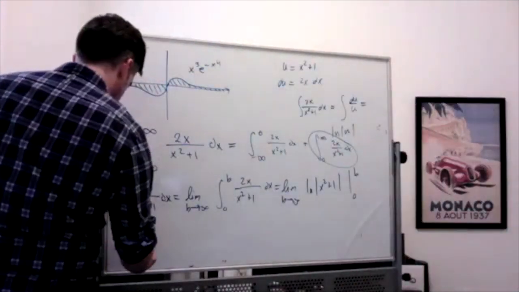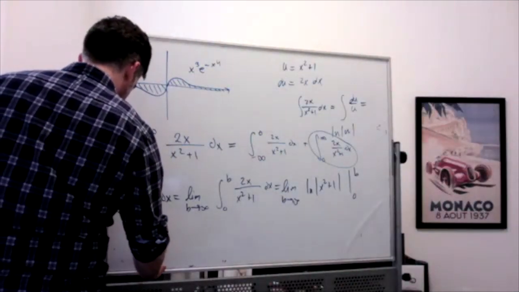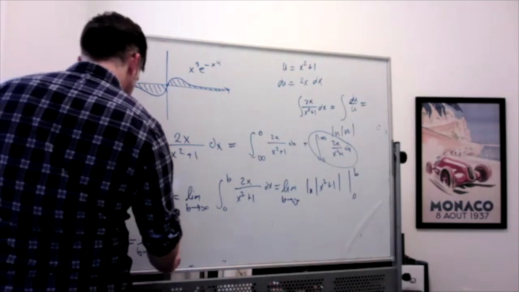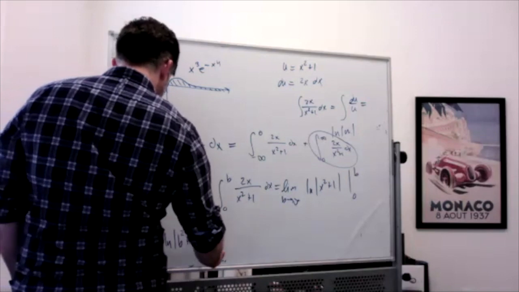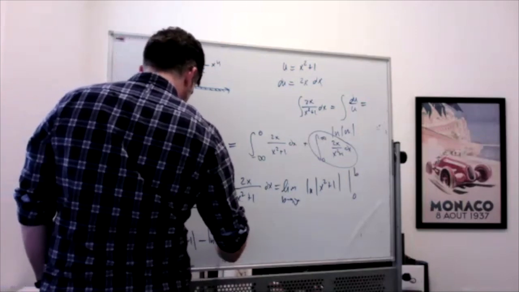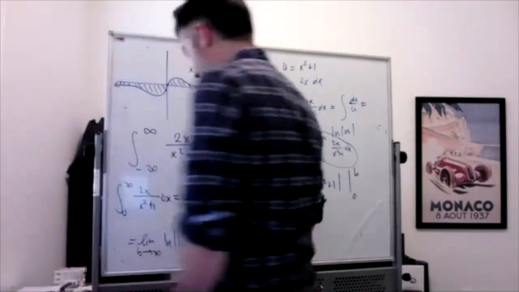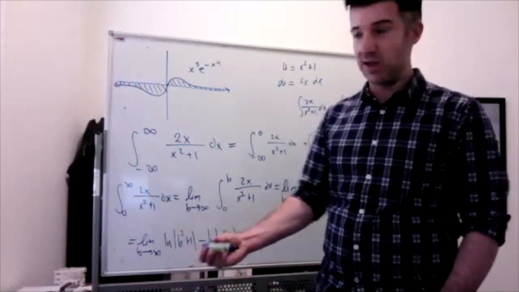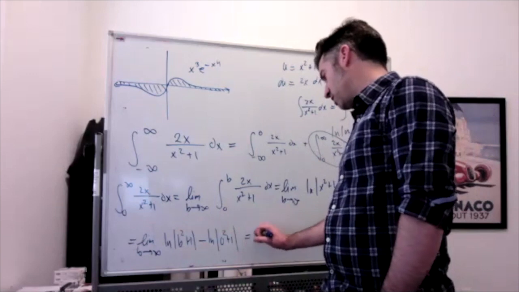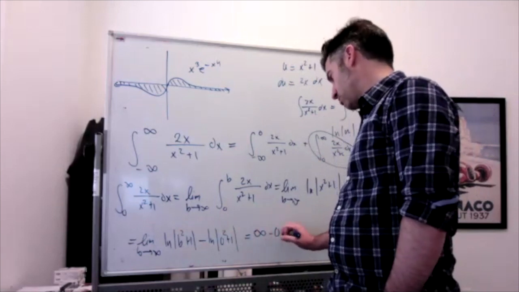We plug in the b first, so we get the limit as b goes to infinity of the natural log of the absolute value of b squared plus 1 minus the natural log of the absolute value of 0 squared plus 1. But as b goes to infinity, b squared plus 1 goes to infinity, and the natural log of infinity goes to infinity. So this goes to infinity minus 0.